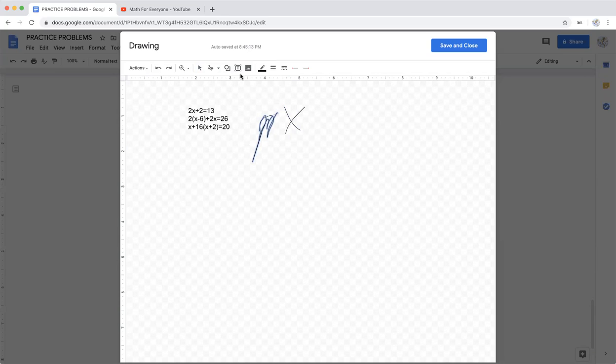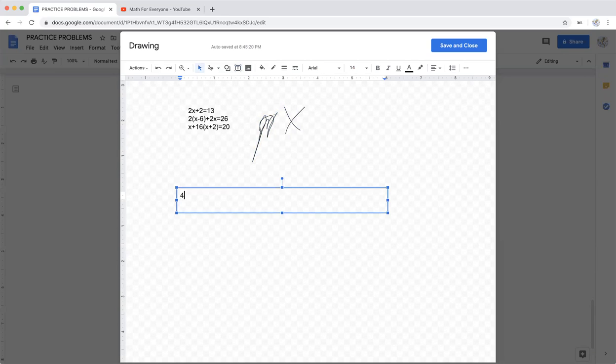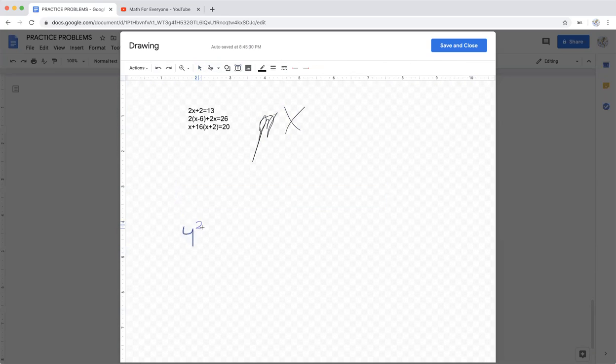And finally, I'm going to do some exponent problems. Let's do 4 to the 2 to the, okay, you know what, this came out horrible.